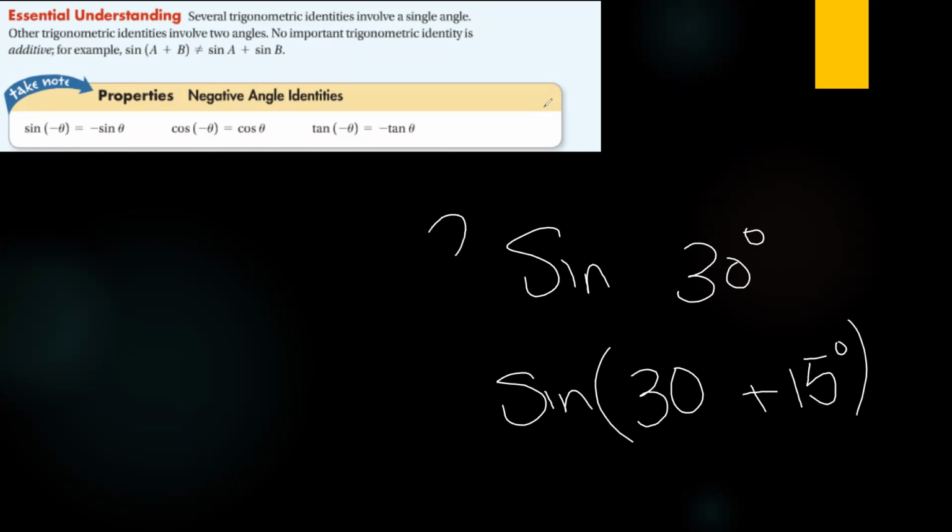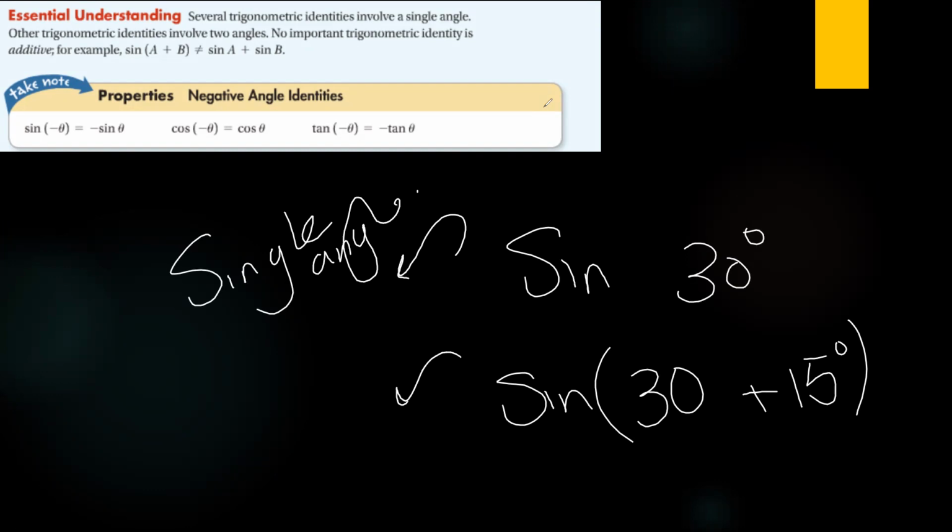So it can be written in a single angle or in two angles. Let's talk today about how it can be written in a single angle and what the identities of them are, and how it can be written in two angles and what the identities of them are.